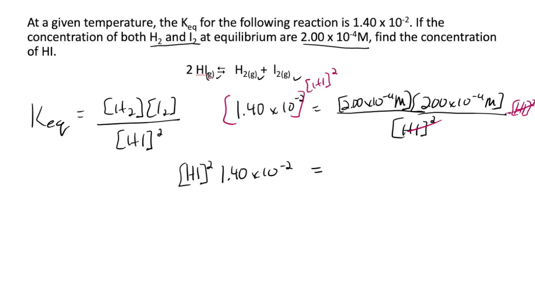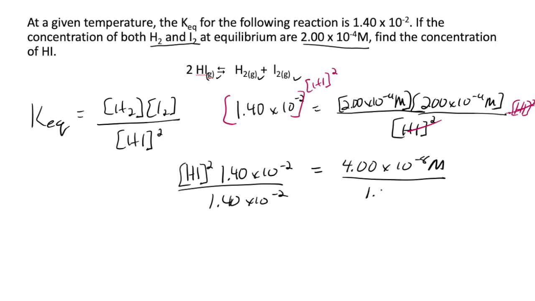And instead of just writing this out each and every time, I'm going to go ahead and square my 2.00 times 10 to the negative 4, and that gives 4.00 times 10 to the negative 8 molar. The next step is to divide each side by 1.40 times 10 to the negative 2.